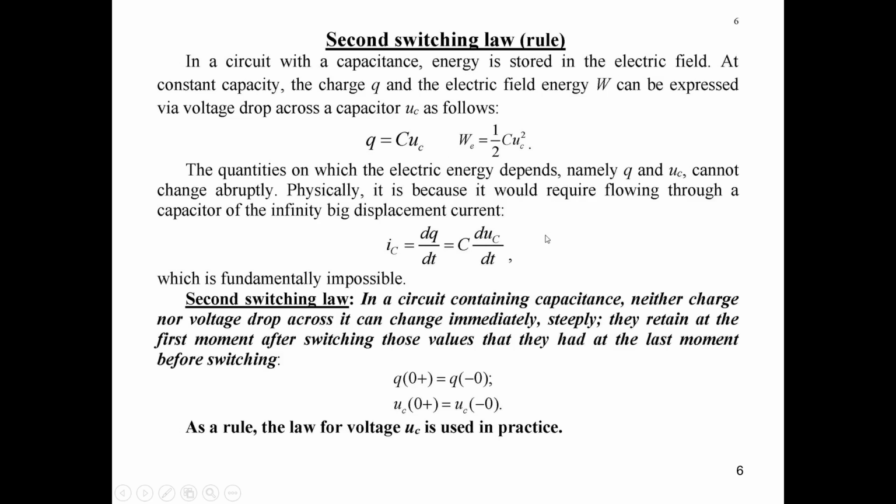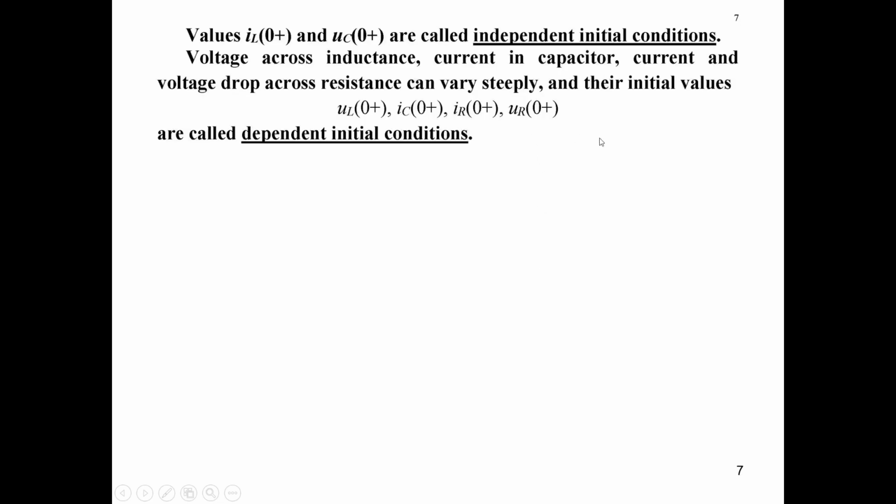The second switching law says that voltage drop across capacitance retains its value at the moment just before commutation, and the same value will be at the moment just after commutation. Such conditions are called independent initial conditions.